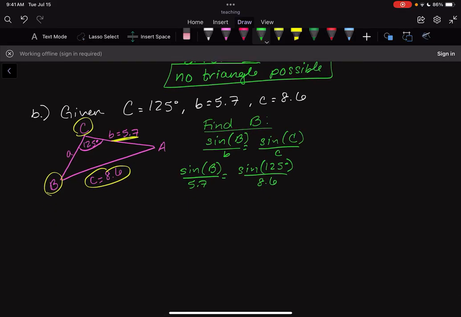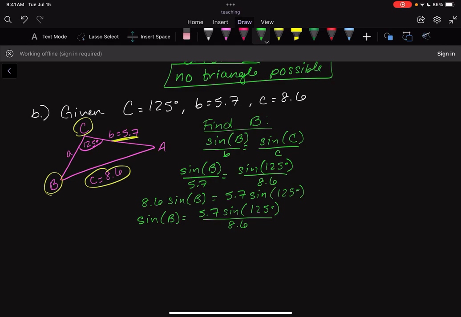And then I'm going to solve this for B. Let me cross multiply first. So I get 8.6 times sine B is equal to 5.7 times sine 125. Divide by the 8.6. So I get sine B is equal to 5.7 times sine of 125 divided by 8.6.